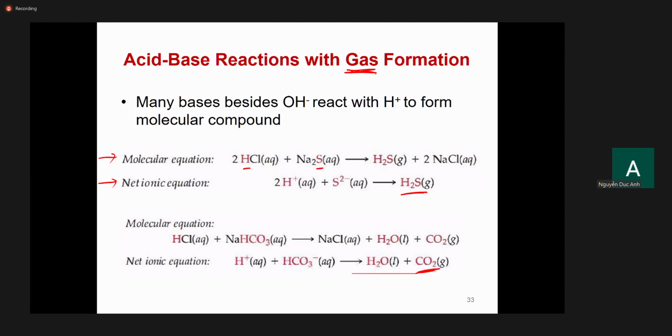Even though we say this reaction happened between an acid and a salt, actually we can consider this one a reaction between a species that can donate protons and another that can accept protons. So this can be considered an acid-base reaction too. So when the acid-base reaction forms a gas, this reaction can happen, similar to the next examples.